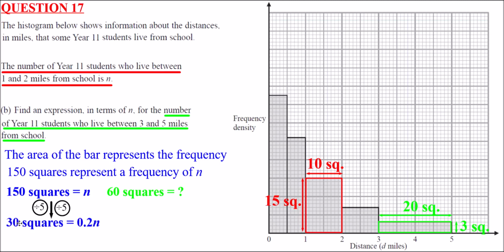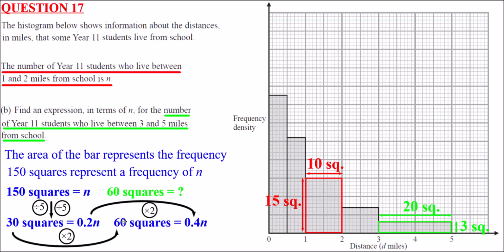So 30 squares is worth 0.2n, or 1/5 of whatever n is. Now, to go from 30 to 60 squares, we can simply double both sides of this. So if we times both bits by 2, 60 squares, which is the actual area of this bar representing what we need to find, is 0.4n. Therefore, our answer is, in terms of n, 0.4n.